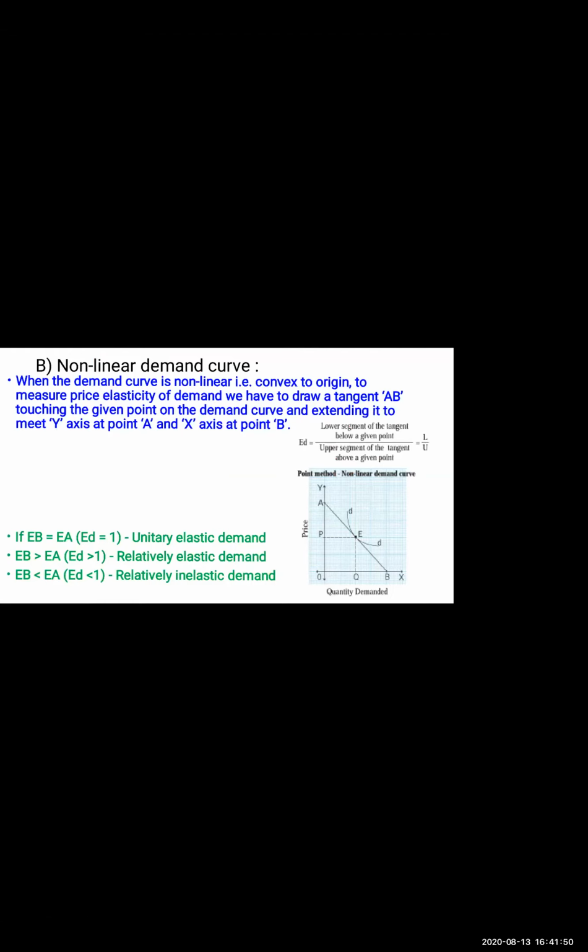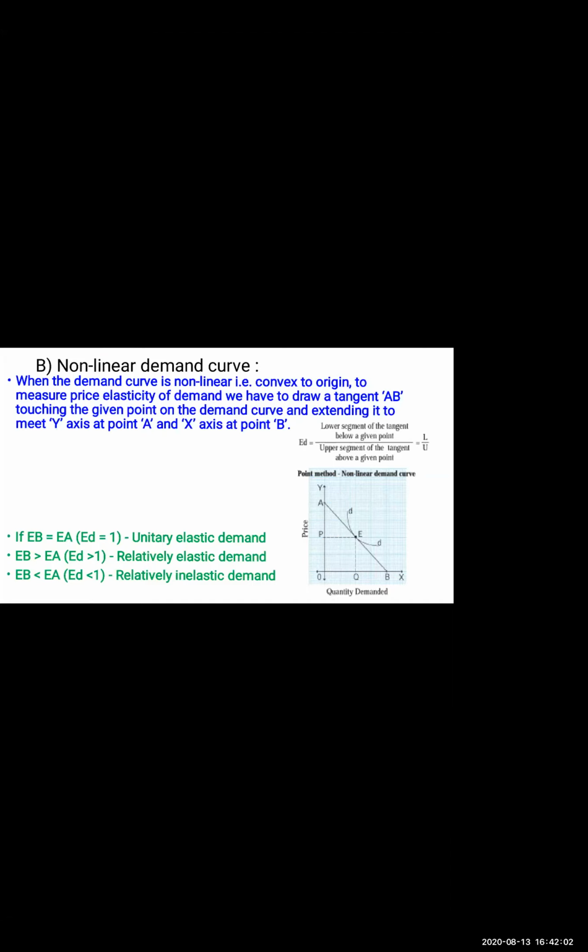This is your upper segment and this is your lower segment. Lower segment divided by upper segment is your formula. If it is at the middle, it is unitary elastic. If it is above E, it is relatively elastic. If it is in the lower segment, it is relatively inelastic.